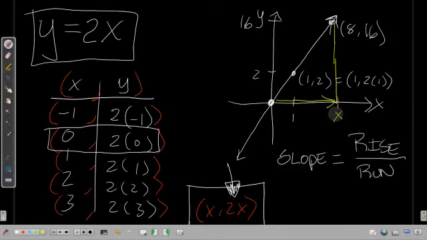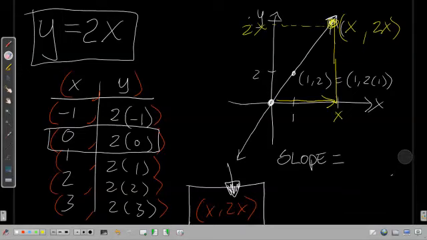If this was just some random x-coordinate, and I was talking about this ordered pair, then I'd have my x-coordinate, and I know what my y-coordinate looks like. It has to look like 2x. So how far would I have to run? I would have to run x units, and my rise would be 2x units.